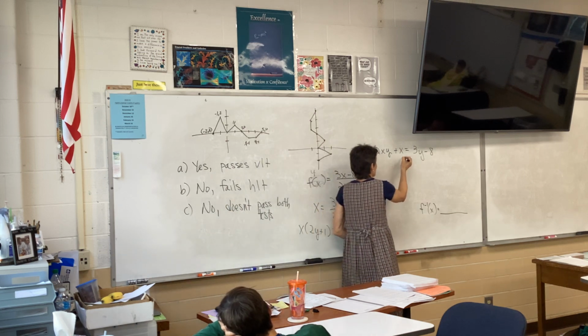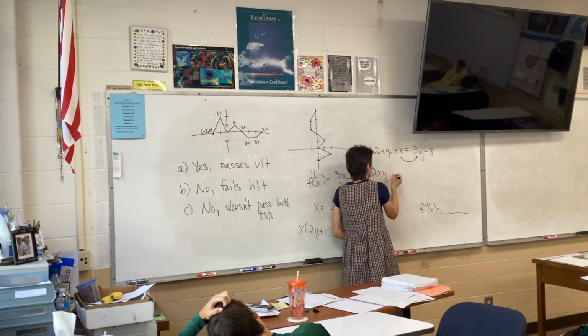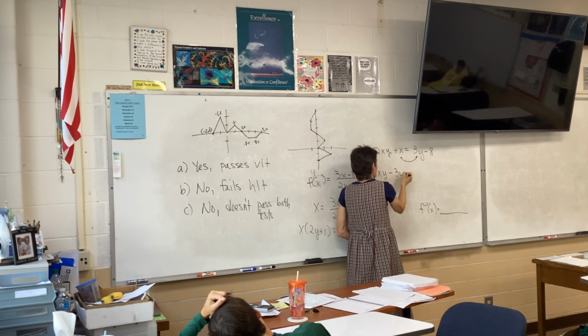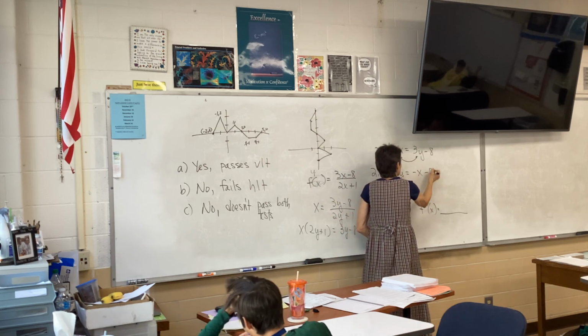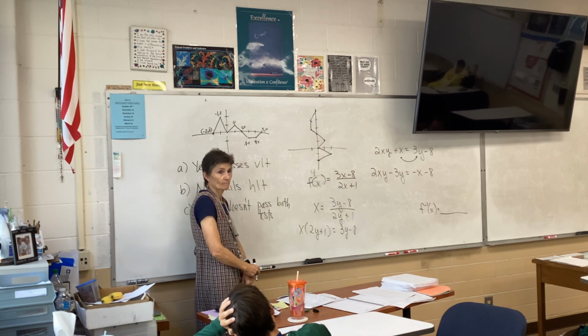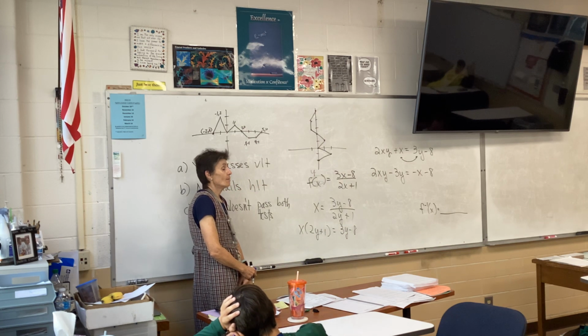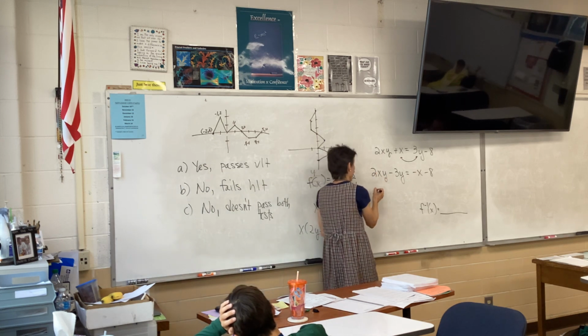Now I switch these two, right? So 2xy minus 3y equals minus x minus 8. Then what? Factor out the y, take out the y.